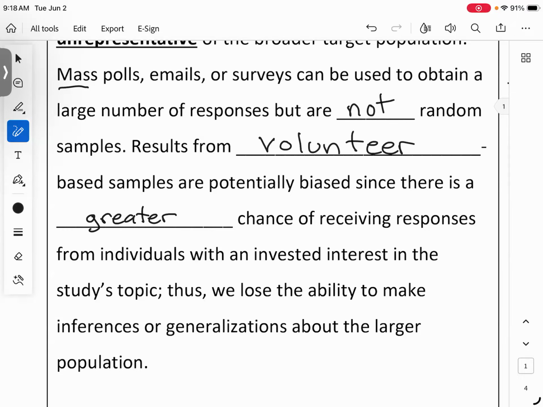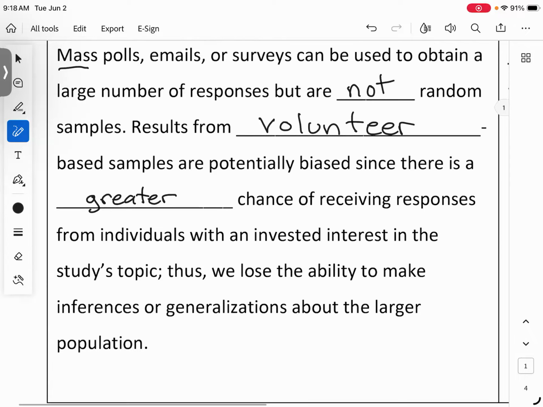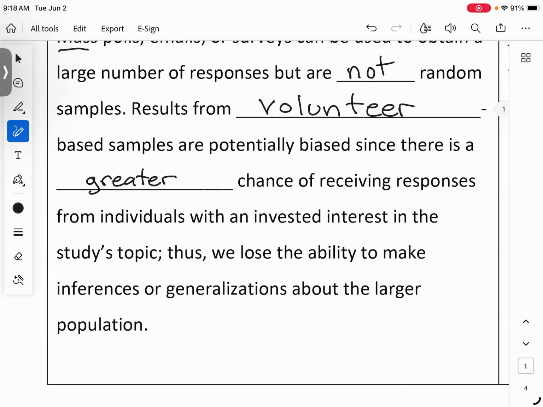If you do just a big, giant mass poll and let people choose if they want to respond or not, you're going to get more bias. You're going to end up with people responding who are more interested in the topic. Suppose I wanted to do a survey about smoking on campus and sent it out to a whole bunch of people.